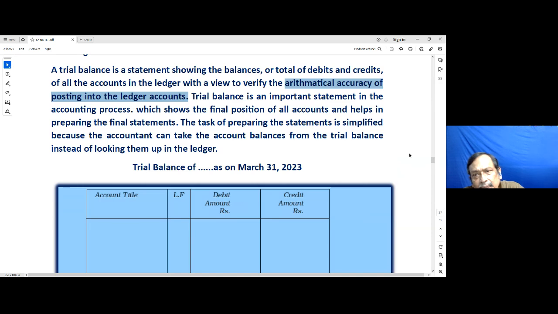So trial balance is an important statement in the accounting process which shows the financial position of all accounts and helps in preparing the financial statements, that is trading profit and loss and balance sheet. The task of preparing the statements is simplified because the accountant can take the account balances from the trial balance instead of looking up in the ledger.